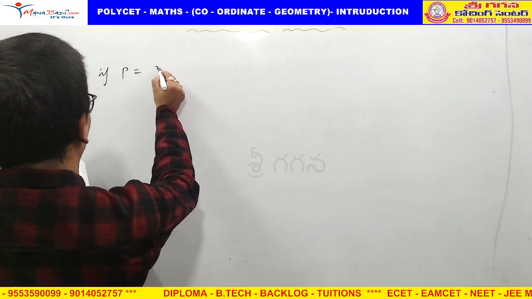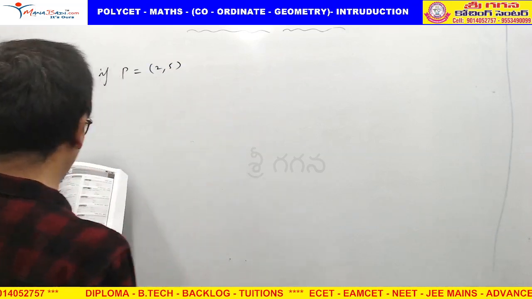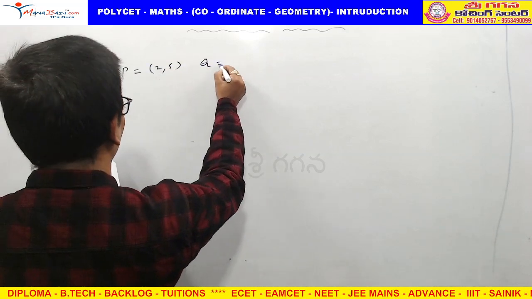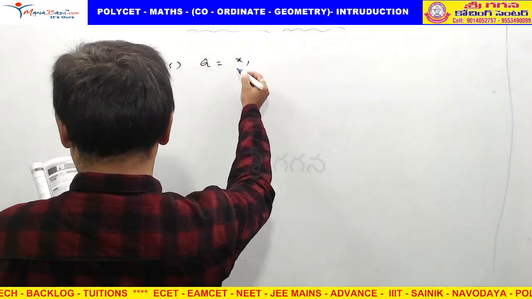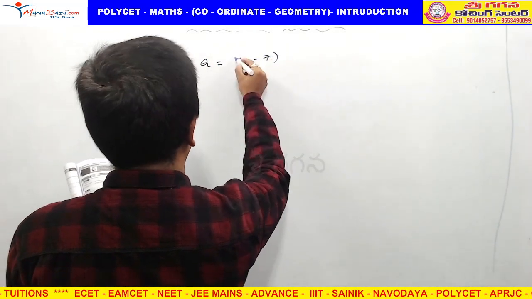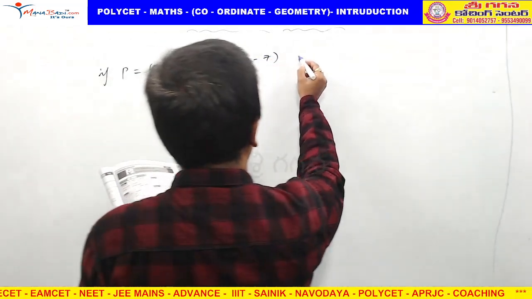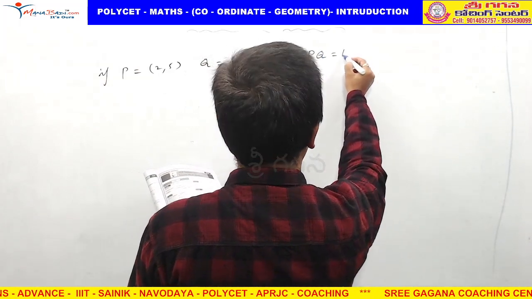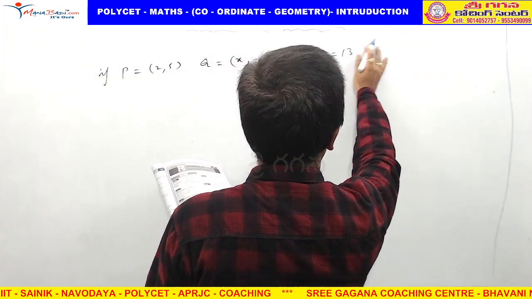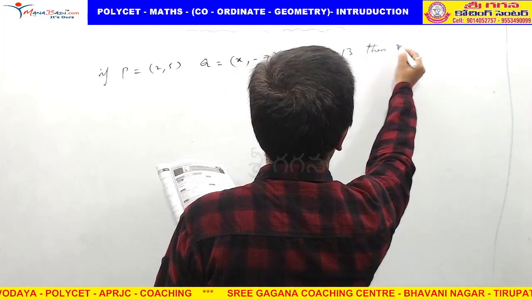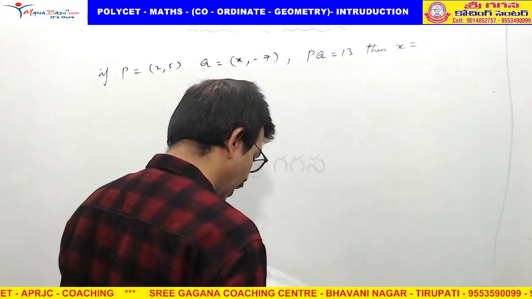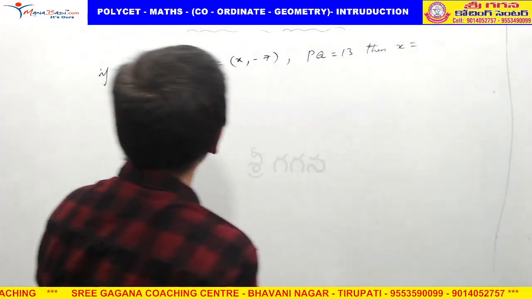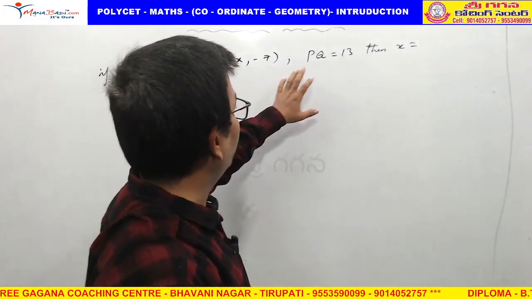One more question they will ask like this. P equal to 2 comma 5 and Q equal to x comma minus 7. And they have given one condition, PQ equal to the given value 13. Then x equal to, question asking x. So 2 points they have clearly given, and the PQ condition also.